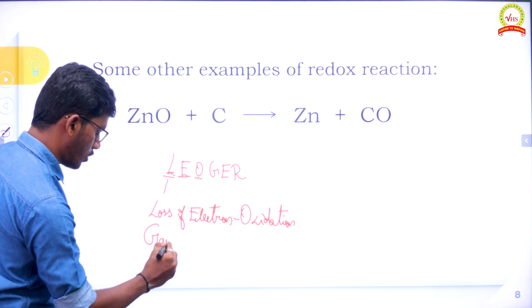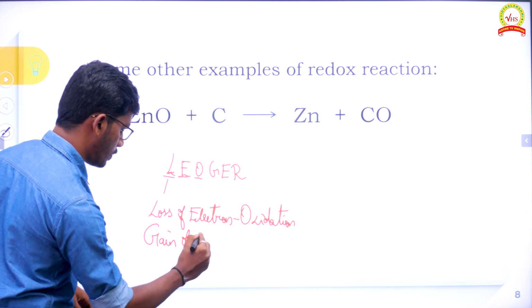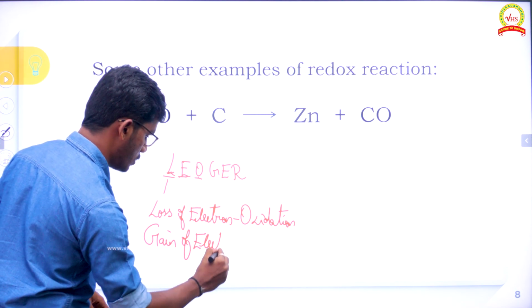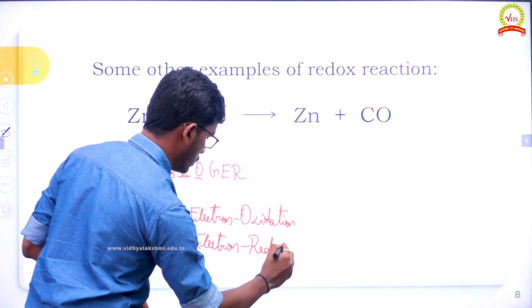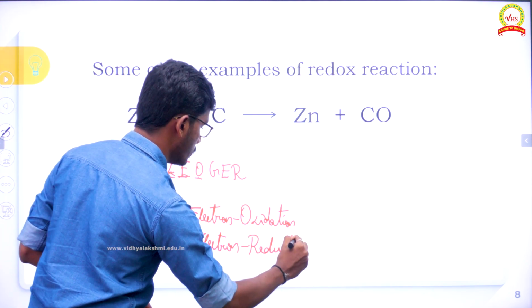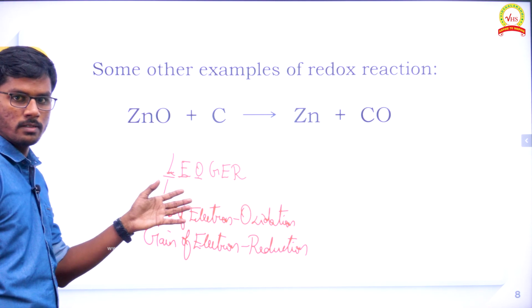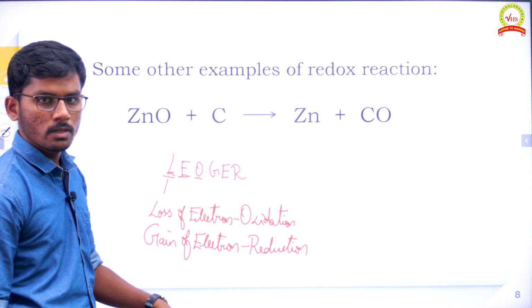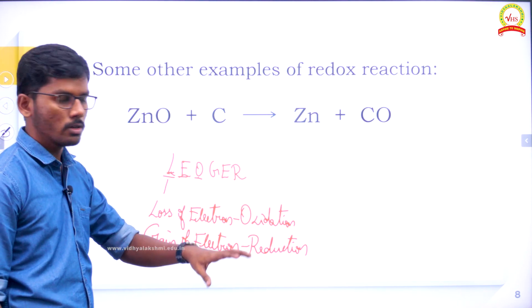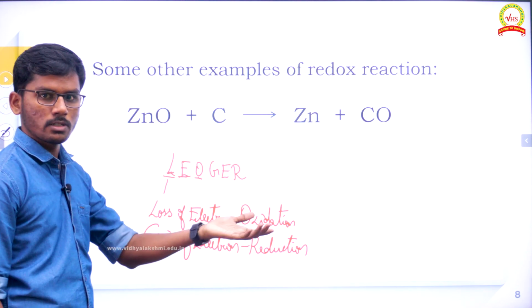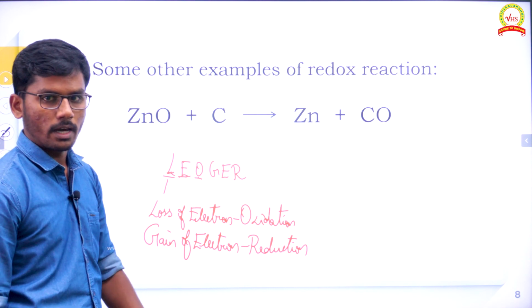Gain of electron is called reduction. So you can just keep this in mind, LEO GER. If you know this, you can easily find whether it is oxidation or reduction. But at this 10th standard level, we are not going to discuss loss and gain of electrons. We are going to discuss addition or removal of oxygen and hydrogen only.